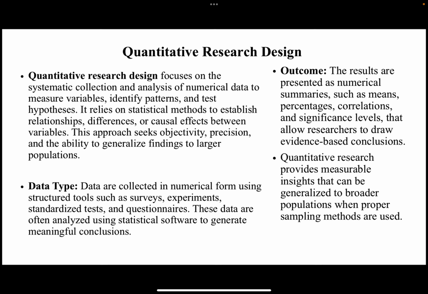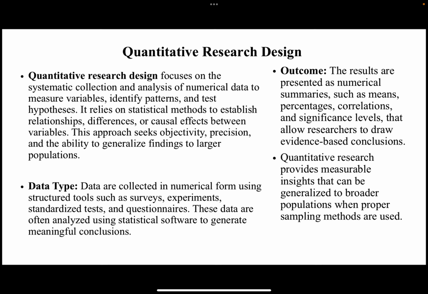Now, when we say quantitative research design, what does it mean? Quantitative research design focuses on systematic collection and analysis of numerical data to measure variables, identify patterns, and test hypotheses.